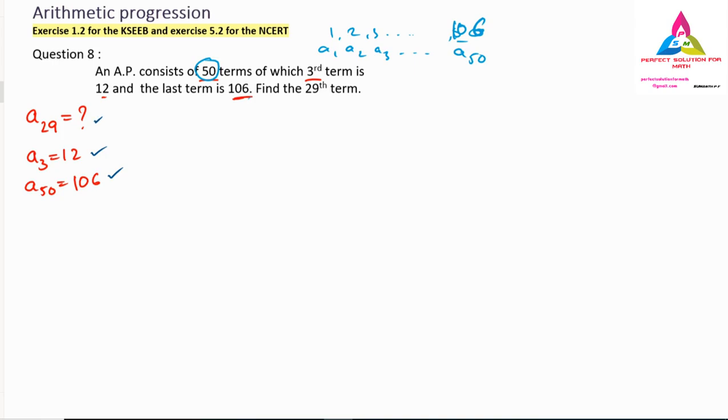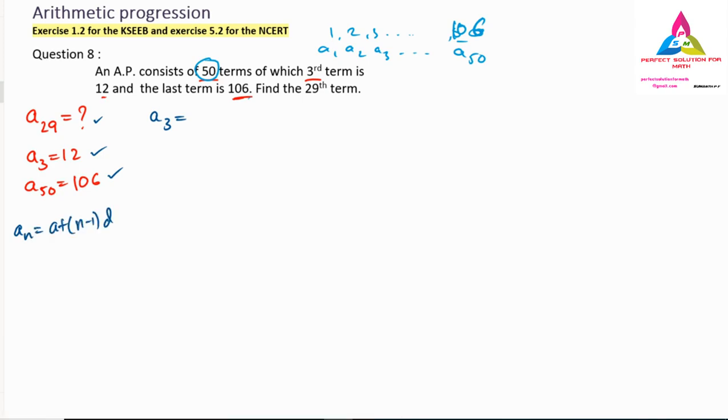How to find? We have to follow a similar method. First, take what is given, that is A3. What is A3? The formula you know: An is equal to a plus n minus 1 into d.